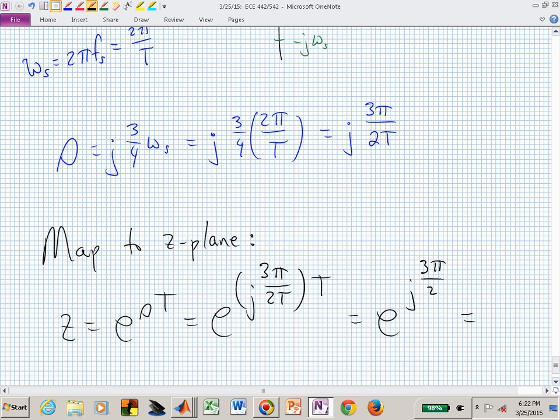That's not e to the j 2 pi, it's not e to the j pi, it's 3 pi over 2. That's now 270 degrees around the unit circle. Or we could say that that's now e to the minus j pi over 2, or minus 90 degrees.